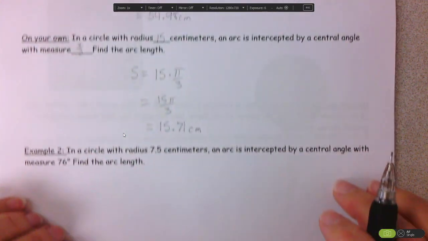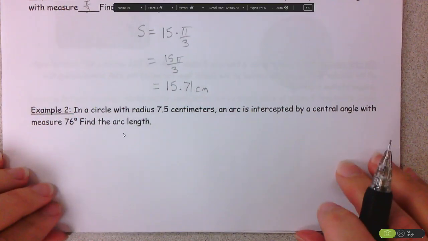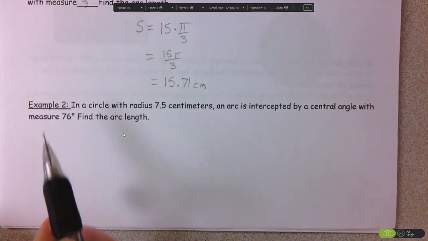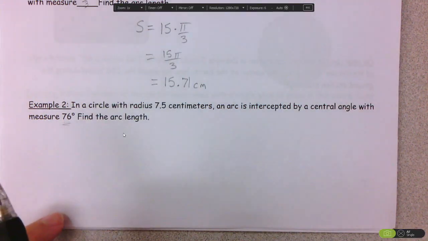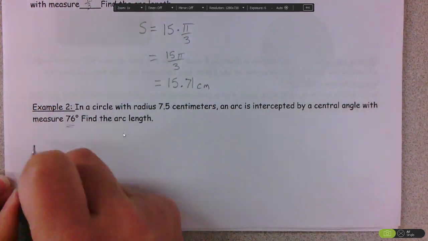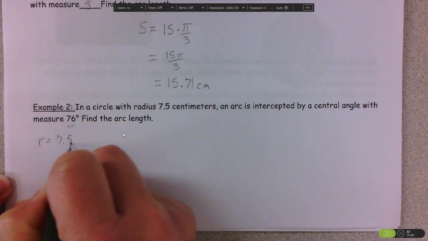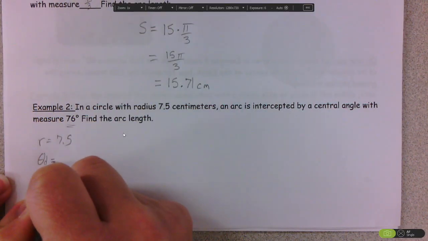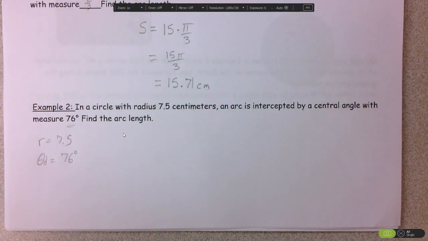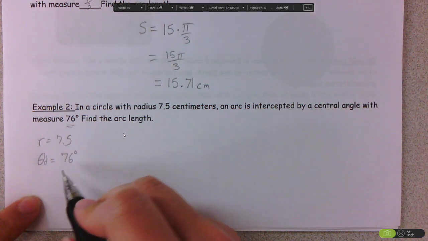So let's move on to an example. Now we know the radius is 7.5, and the arc is now 76 degrees. Okay, so we have this little degree sign. We know the radius is 7.5, but the angle in degrees is 76. So what do we need to do first before we can plug it into the formula? Well, we need to turn this angle into radians.